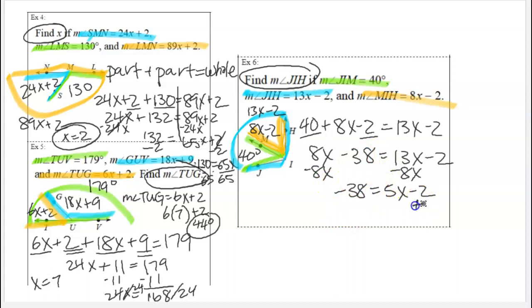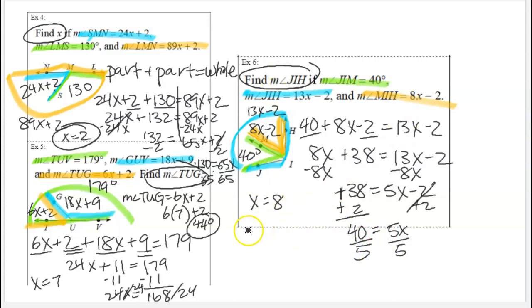Okay, add 2 to both sides. Oh, and my apologies, making all kinds of mistakes. That should have been a positive 38. That brings this to 40. Divide by 5, and x is 8.